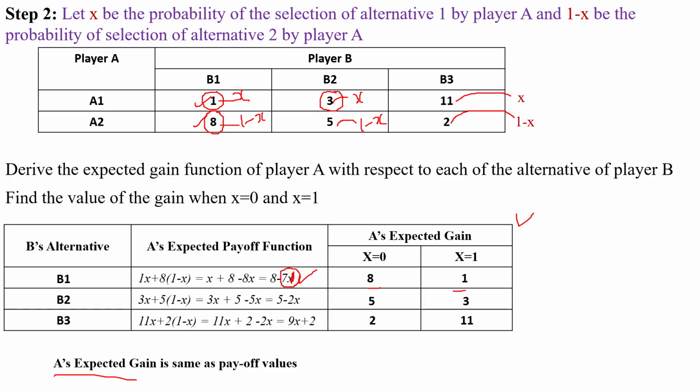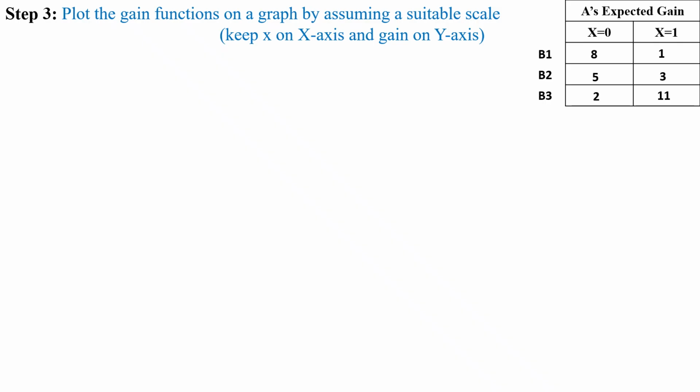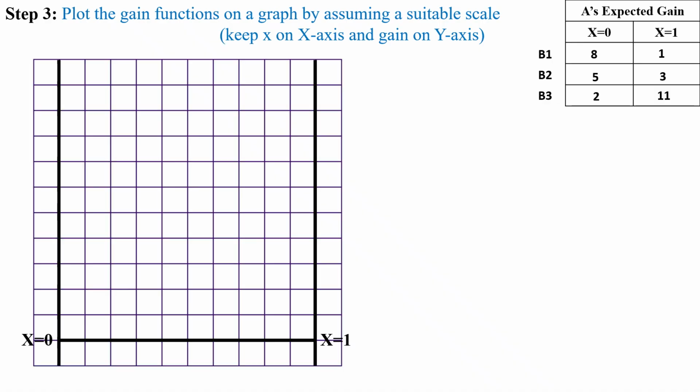Okay, next is the next step, that is, plot the gain functions on a graph sheet by assuming a suitable scale. On the graph sheet, we consider the x-axis as the x values, that is 0 comma 1, and the gain values we draw on the y-axis.